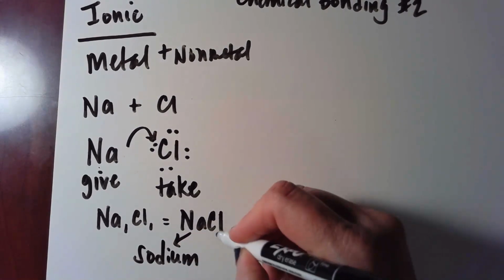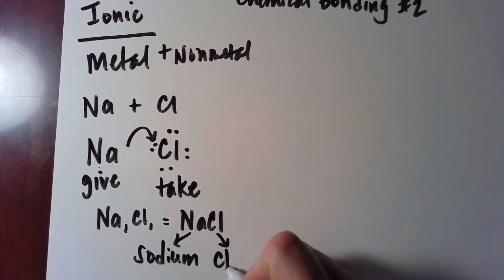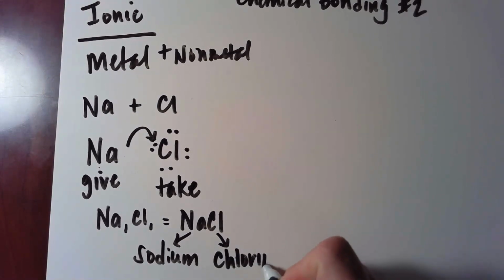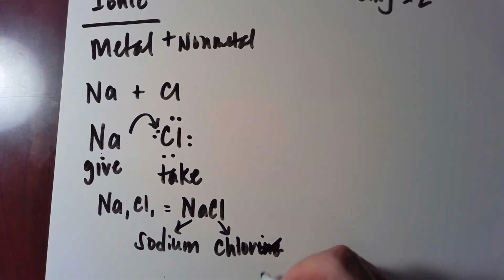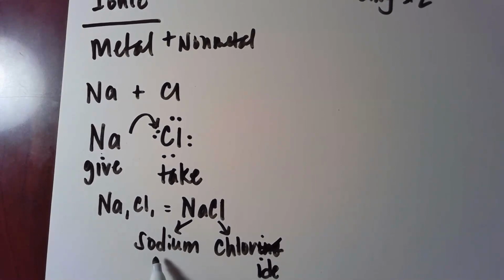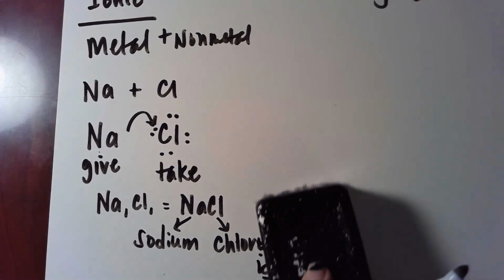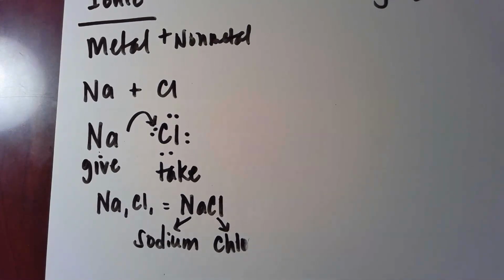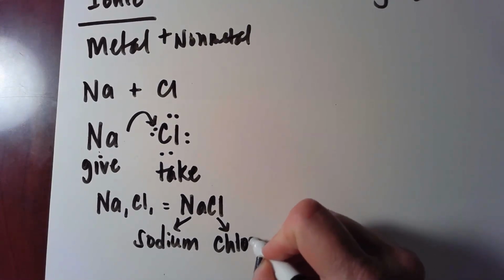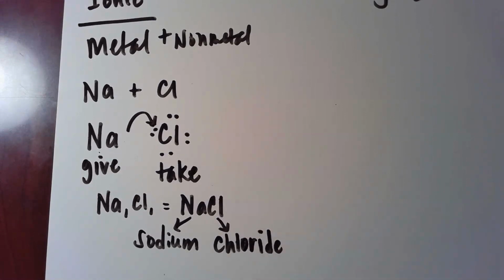And for chlorine, that's going to be chlorine, but as we talked about yesterday, change the ending from "ine" to "ide." So it's really sodium chloride. All right, and I keep crossing it out like that. Really, what I'm going to expect you to be able to do is just write sodium chloride. So you just say sodium chloride, you're done.